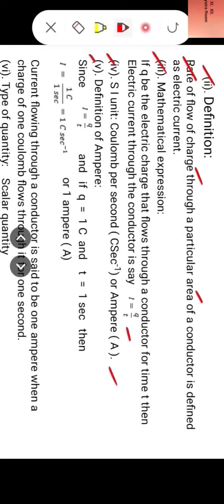Definition of ampere. Since I is equal to Q by t, if Q is equal to 1 coulomb and t is equal to 1 second, then I is equal to 1 coulomb divided by 1 second, or 1 coulomb per second, or 1 ampere.